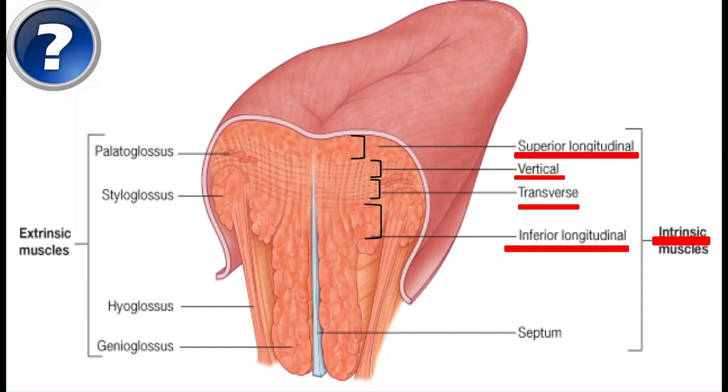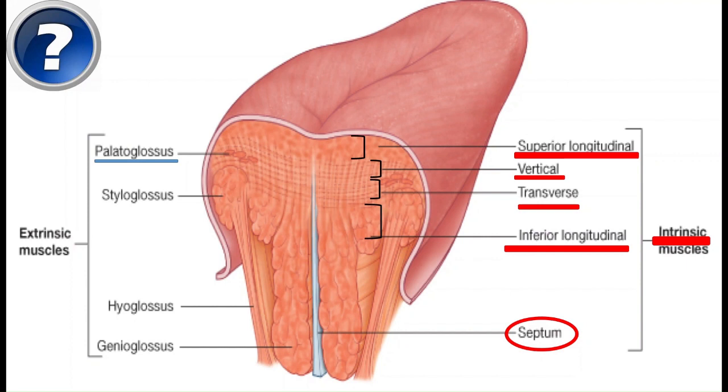Now, the extrinsic muscles of the tongue, we have pairs, because we have a septum, and the tongue embryologically developed from right side structures and left side structures.